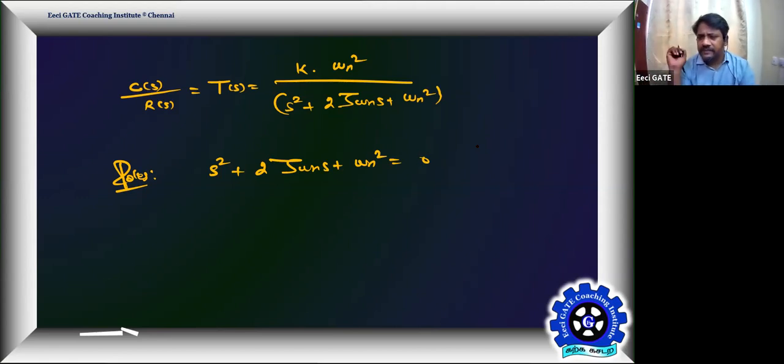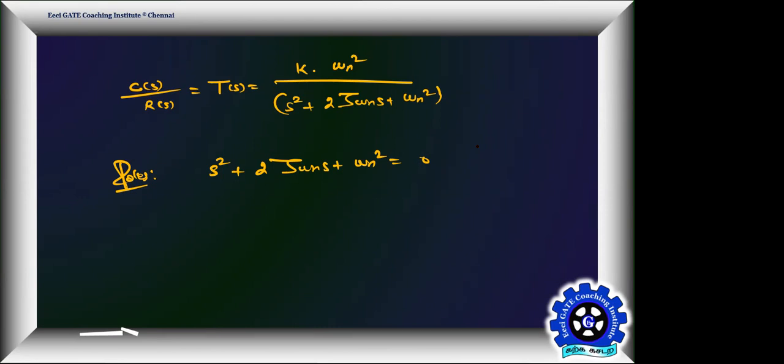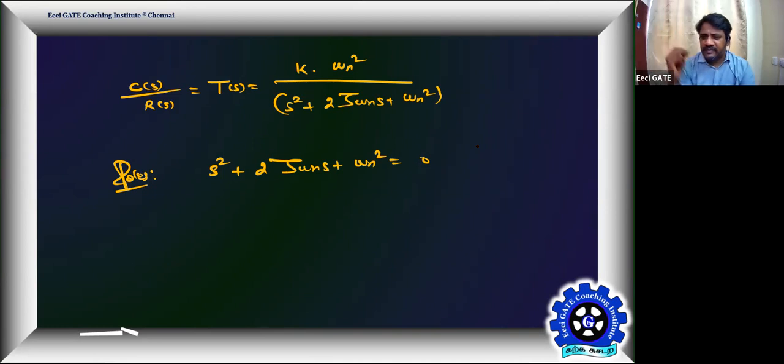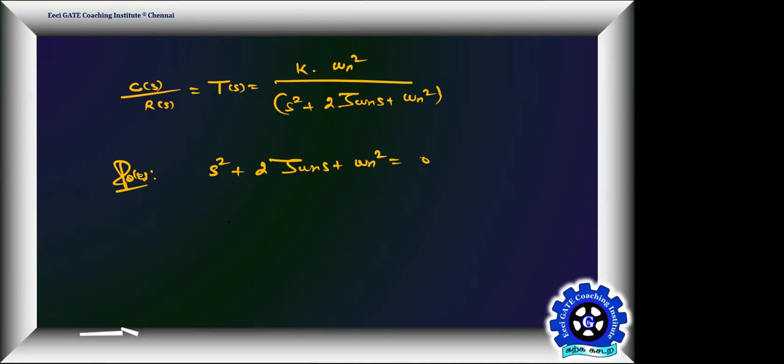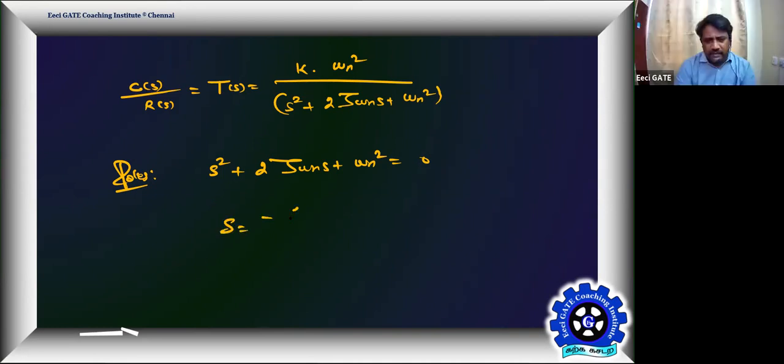Then S is equal to minus 2 zeta omega n plus or minus the root of b square minus 4ac, that is 4 zeta square omega n square minus 4 omega n square, divided by 2a.